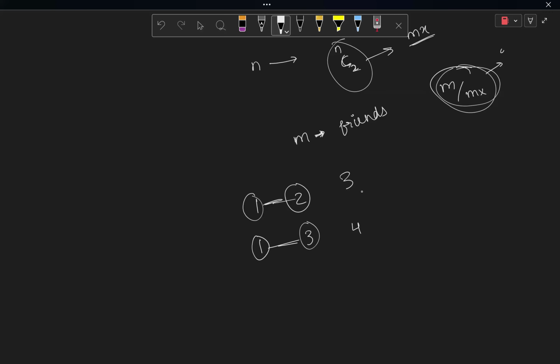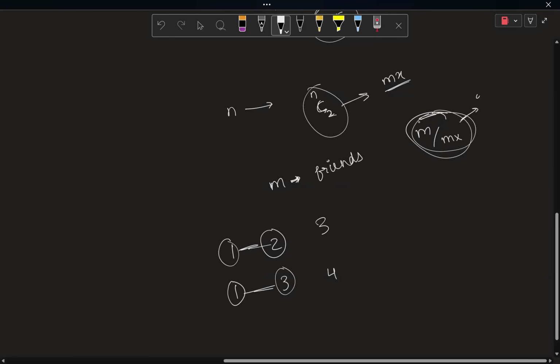You have just calculated the probability that in an arbitrary excursion you are choosing a friend pair, right? And that comes out to be m by mx, irrespective of whatever the fi value be. The fi is the friendship value, the ones that you have written 3 and 4, right?